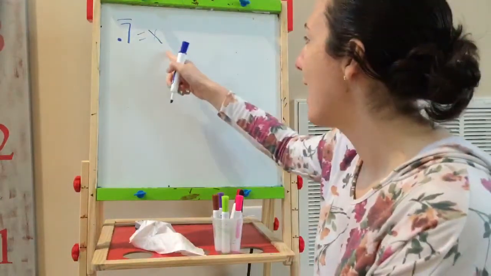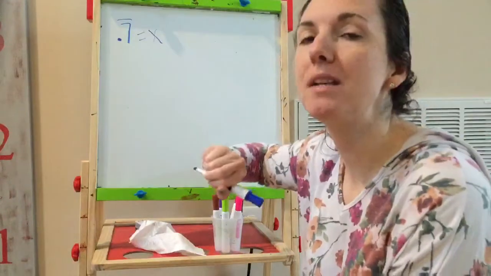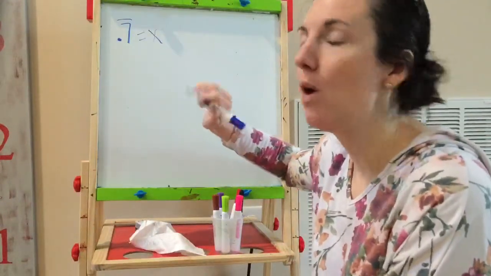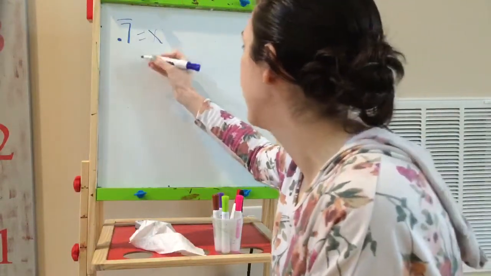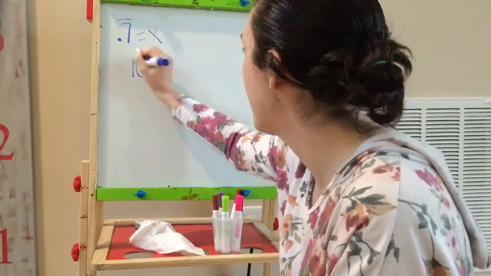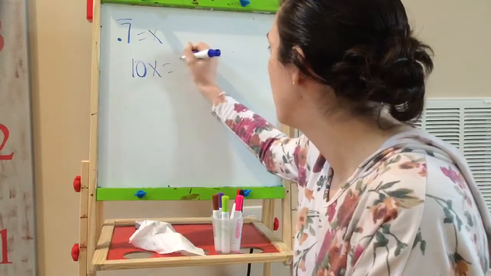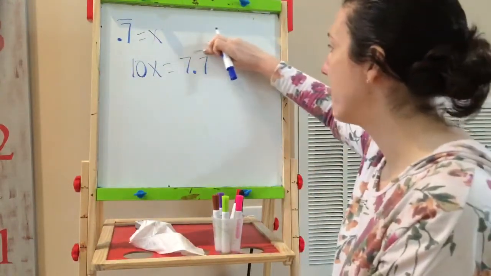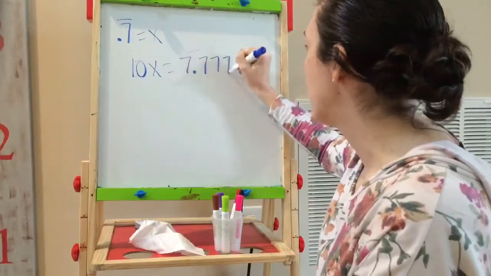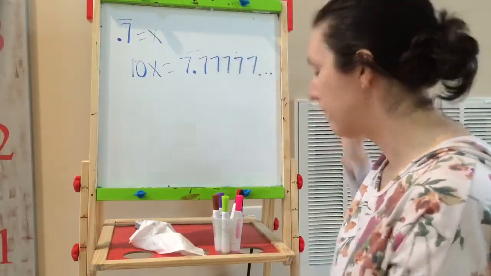So you're going to multiply this by 10. And so whenever you multiply something by 10, you can just move the decimal over one place to the right. So we're going to say that 10x is equal to 7.7 repeating. But if you don't want the 0.7, you could say it's really 7.777777, and so on.